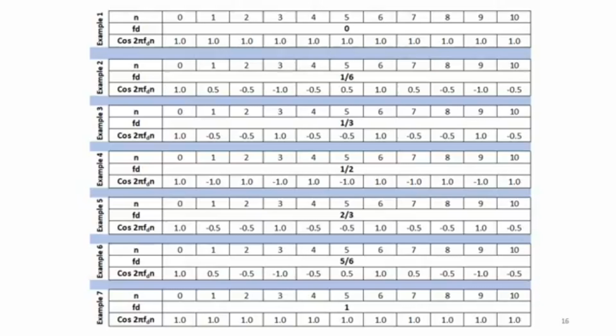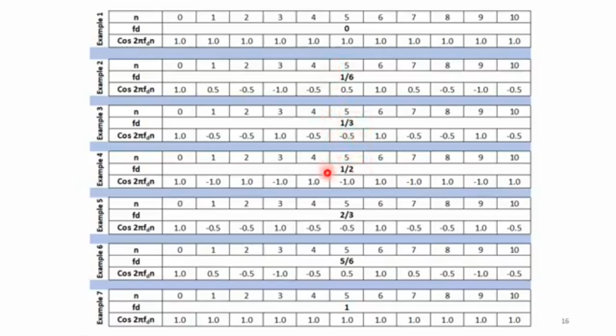Okay, so instead of 1, 2, 3, there are 7 examples. The examples differ again in terms of FD. In example 1, the frequency is 0. In example 2, the frequency is increased to 1 over 6. In example 3, the frequency is further increased to 1 over 3.